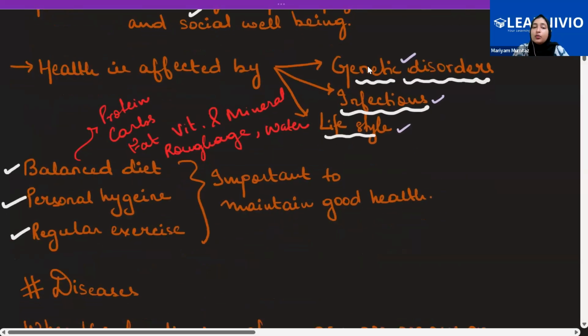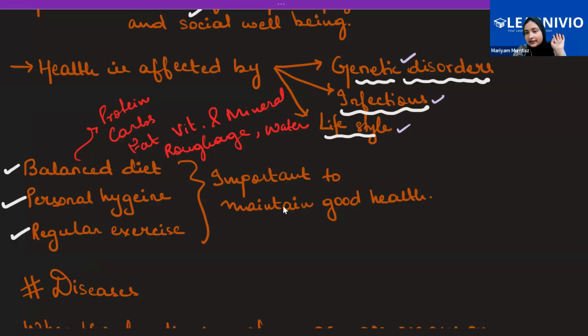Moving forward, talking about the various things that a person can do to maintain good health. The first thing is a balanced diet. Now, you know that a balanced diet has all the components necessary for a human being, whether it is proteins, carbohydrates, vitamins, minerals, necessary fat molecules, roughage, along with the water requirement that our body has.